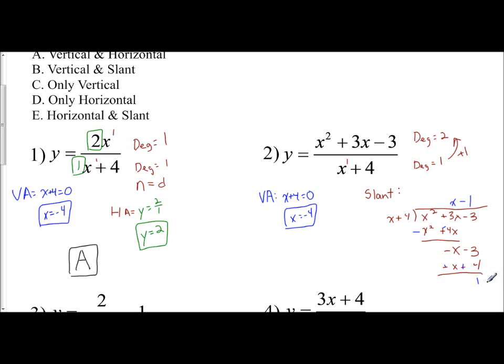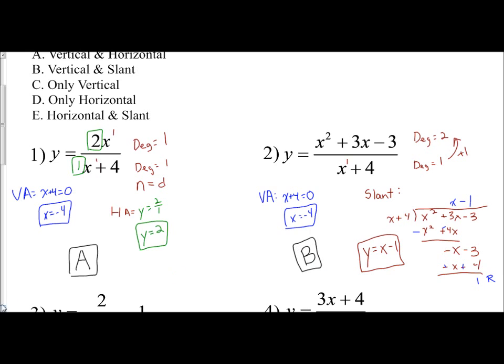That is my remainder, and we don't care about that when identifying our slant asymptote. Our slant asymptote is represented by this expression on top. It's the equation y equals x minus 1. And so I have a vertical and a slant asymptote, B.